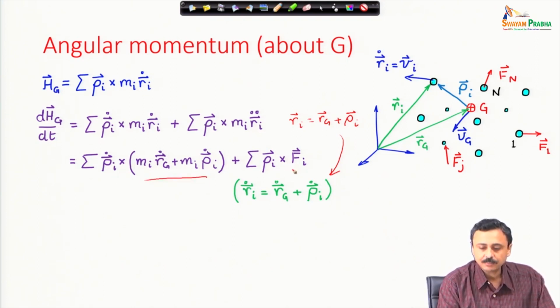And in the second summation m I r I double dot, that must be equal to the net force, so, force acting on the ith particle.